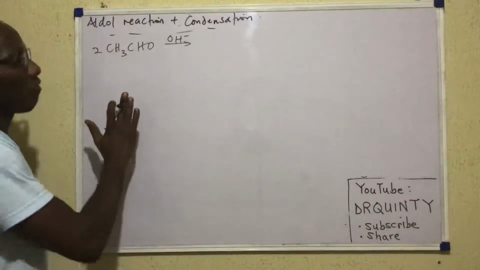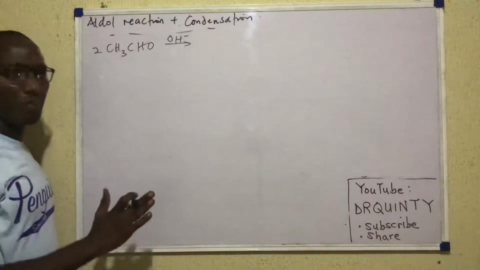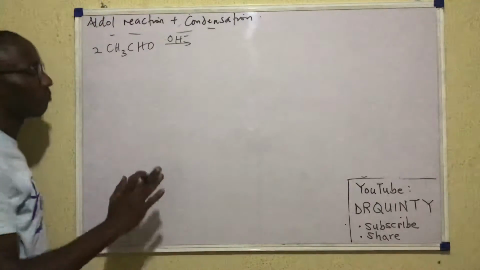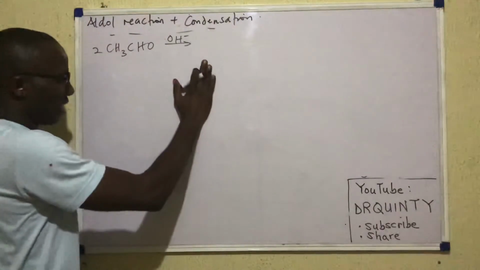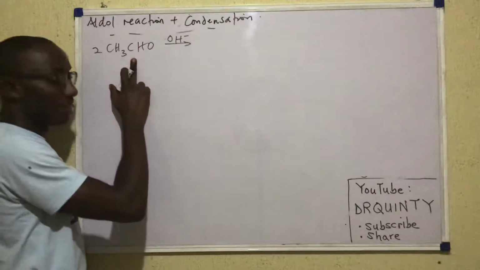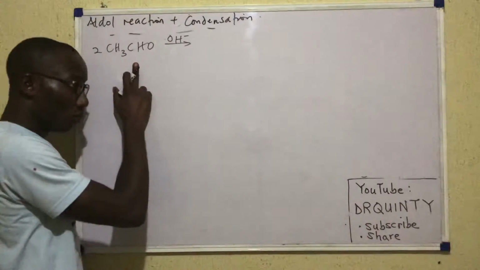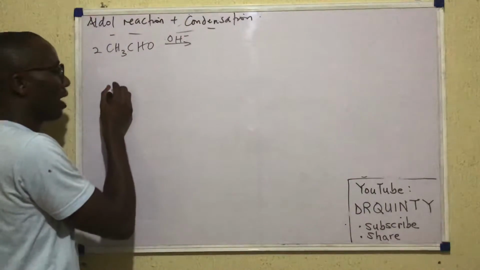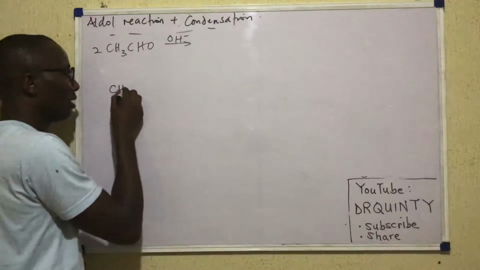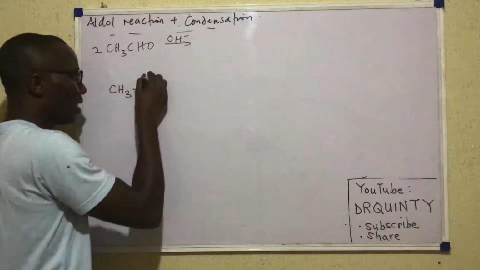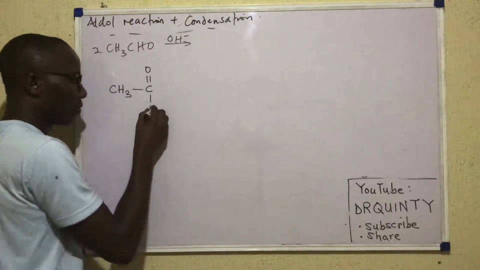And I prefer to show you this simply. See what I mean? To get the product of this reaction, since it is ethanal that I have, 2 moles, I'll write it this way. I'll write the first ethanal, CH3COH.